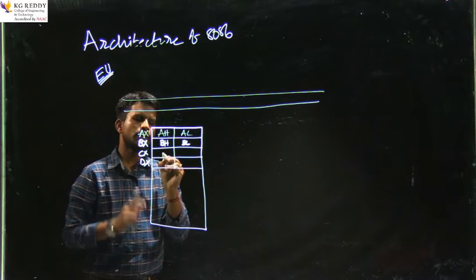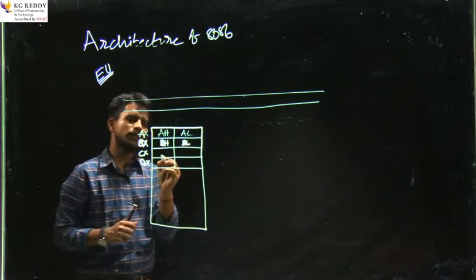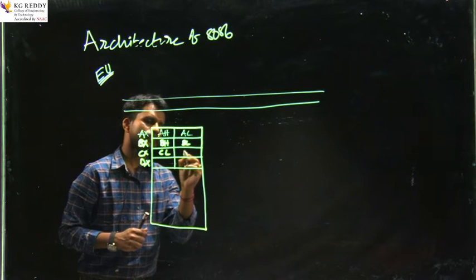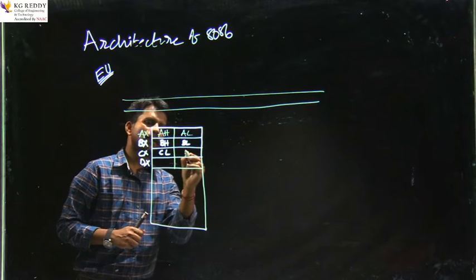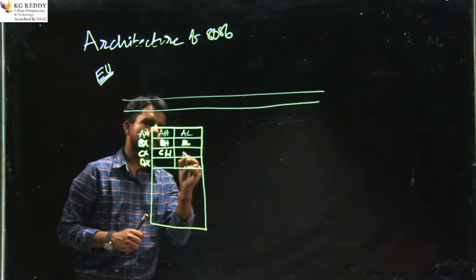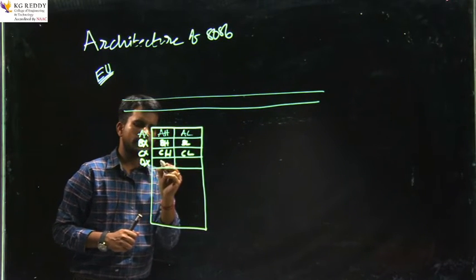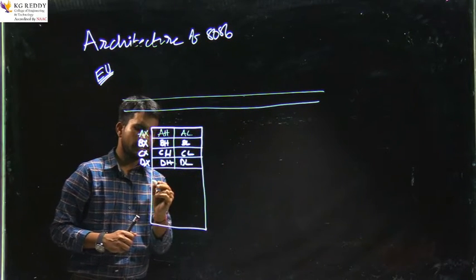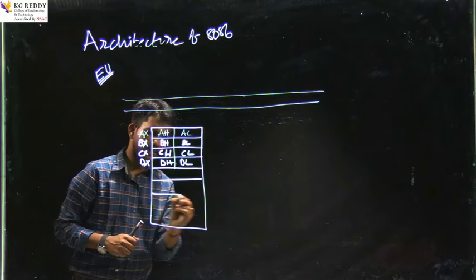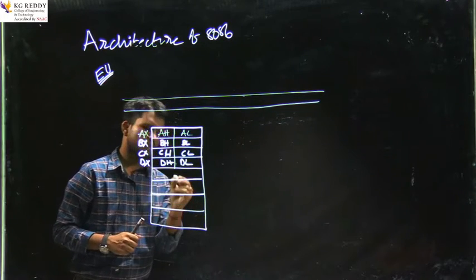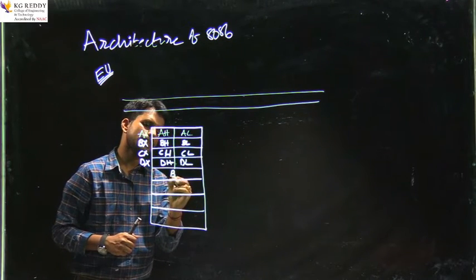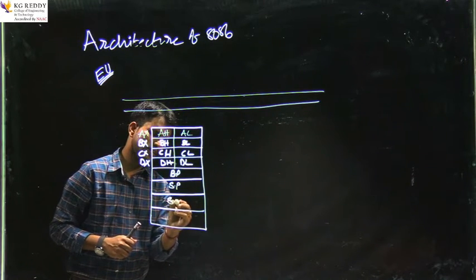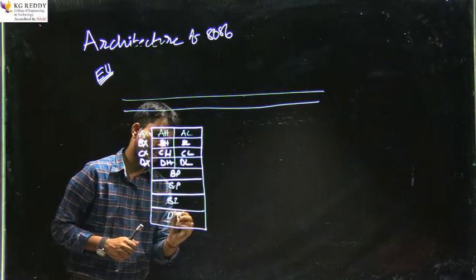There are a total of 4 16-bit general data registers, and each one has its own specific work or usage. Let us discuss them in detail one by one. This one is DH, DL, and the remaining are pointer and index registers: base pointer, stack pointer, source index, destination index.